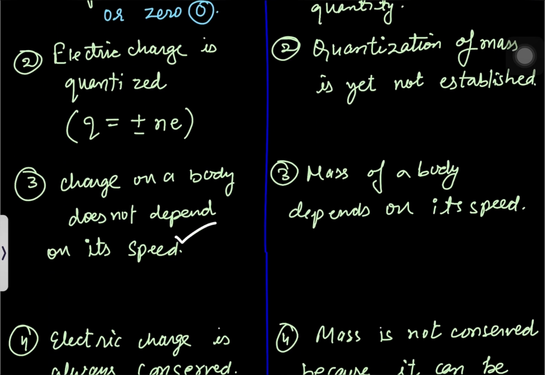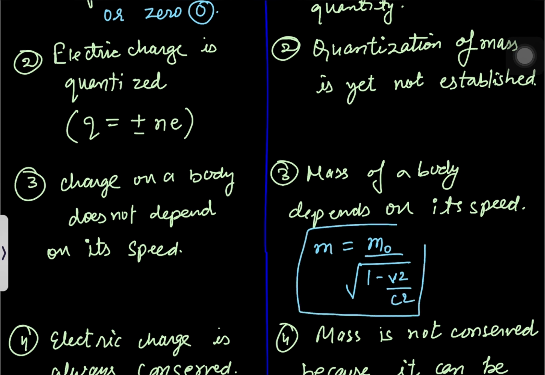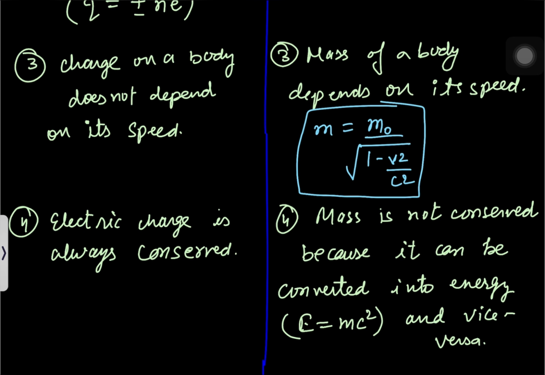Charge on a body does not depend on its speed, but mass of a body depends on its speed, and we know the relation m is equal to m naught upon under root 1 minus v square upon c square. So this is the relativistic mass formula.